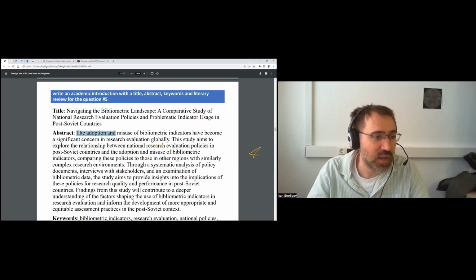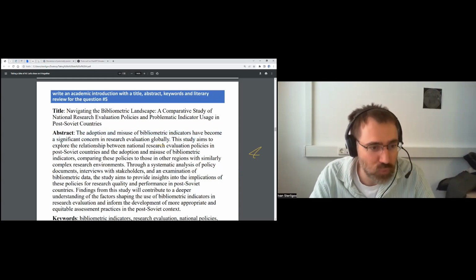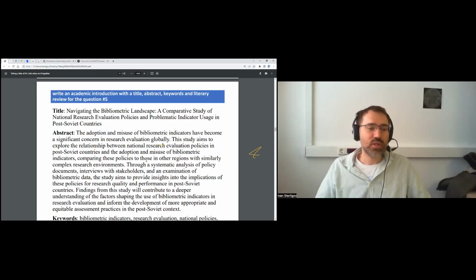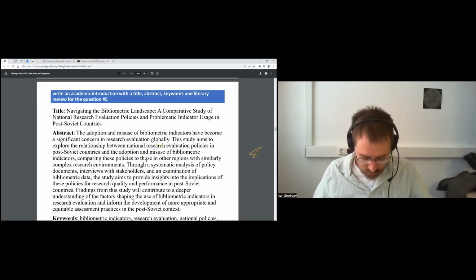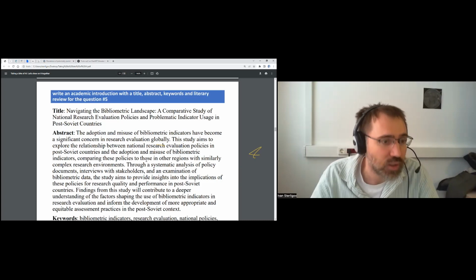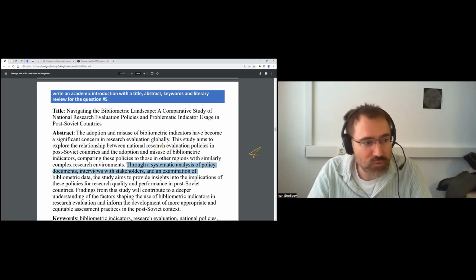And the abstract is what's important here, that ChatGPT suggests a kind of research strategy, using a systematic analysis of policy documents.